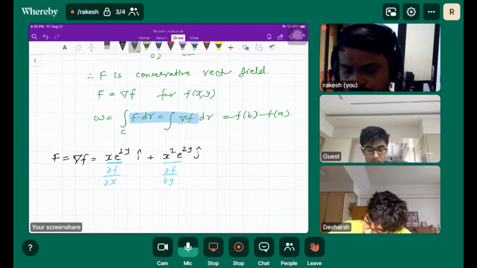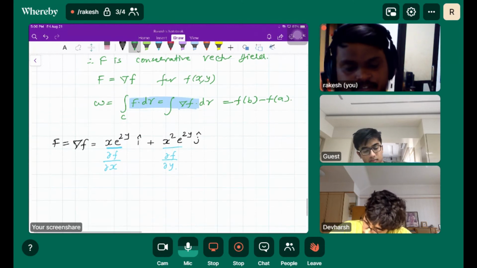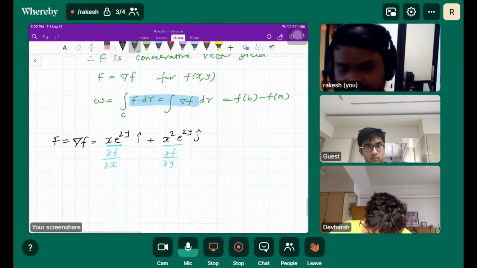When we find these, we find the gradient of the function. So if we have a derivative function, we can definitely find the function by antiderivative.